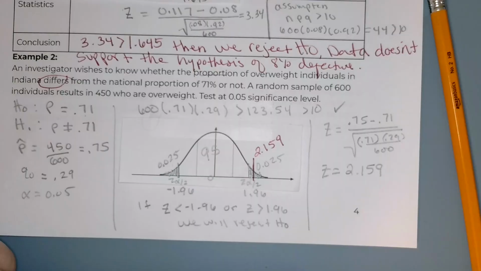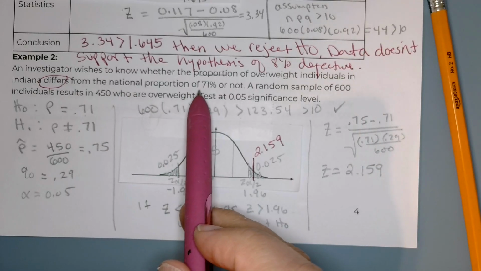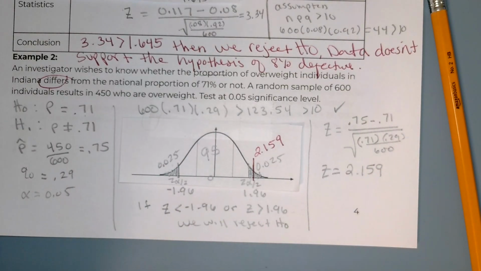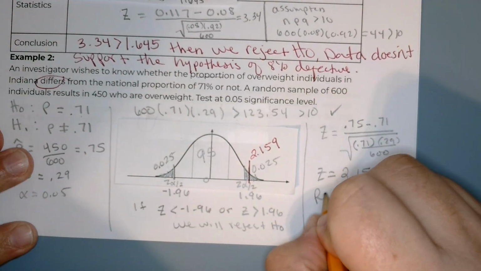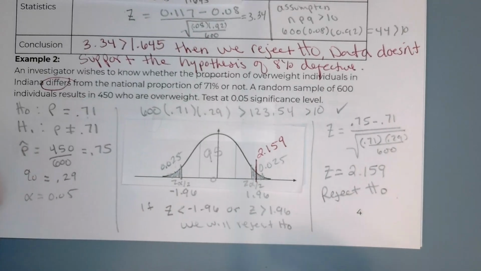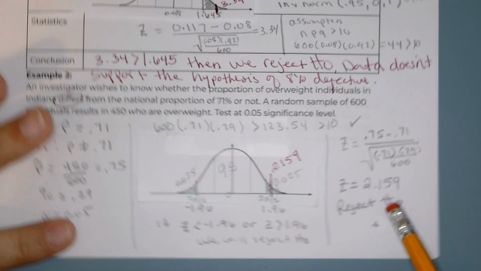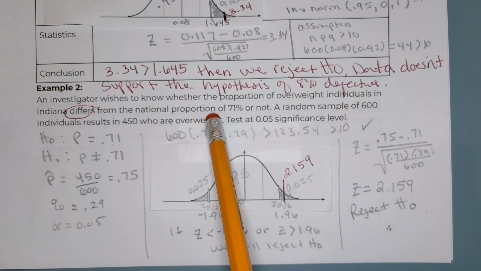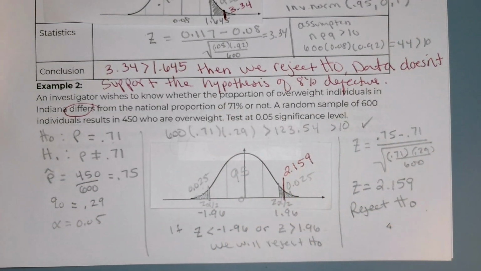So we reject the H0 because the data does not support the hypothesis of the national proportion being 71. So reject H0. Now the wording on the problem, the answer, this isn't the whole answer again, comes from the problem. The whole answer is the sentence, reject H0, the data does not support the hypothesis.